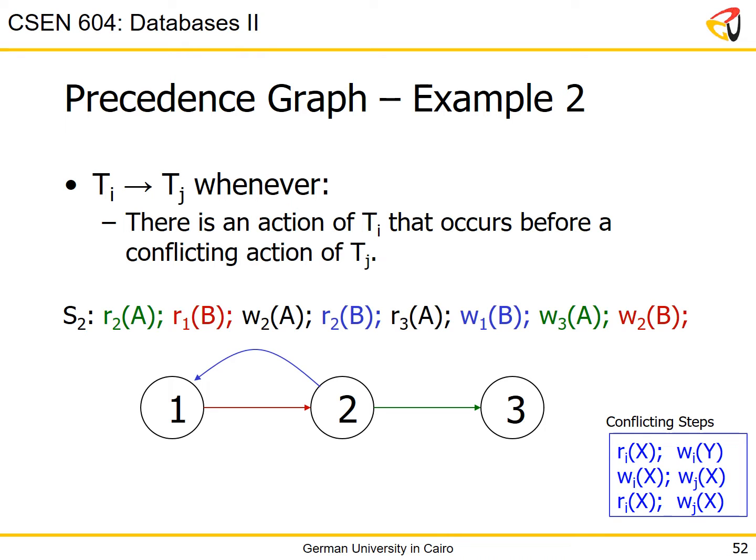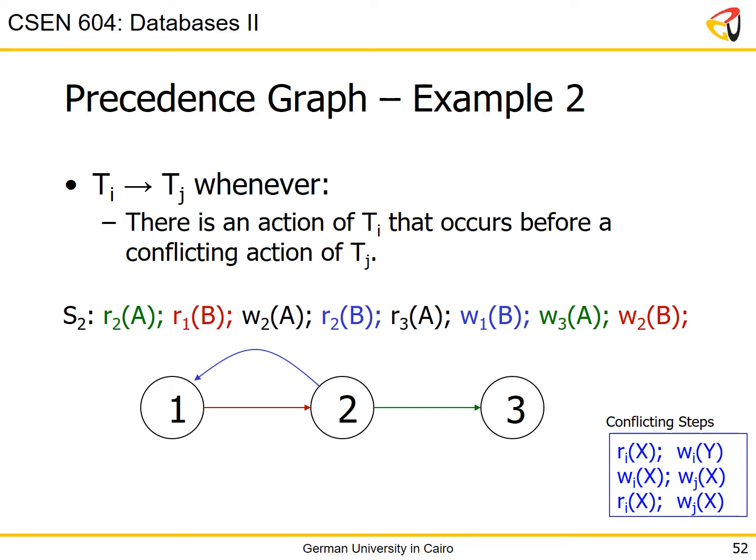Why? Because according to the logic here, I am saying that the effect of this schedule is producing a result that is exactly as T1 followed by T2 followed by T3, and as well T1 followed by T2 followed by T1 followed by T2 followed by T3, which is impossible.